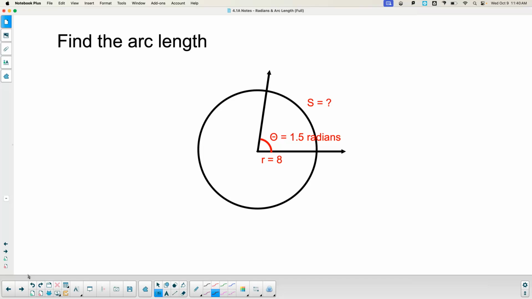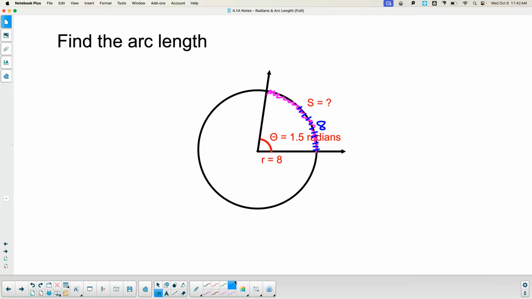Now find me the arc length given the fact that the radius of the circle is 8 and the central angle is 1.5 radians. So this is saying that this arc length right here is 1.5 radii, which means that we went 8, because that gets me the 1, right?